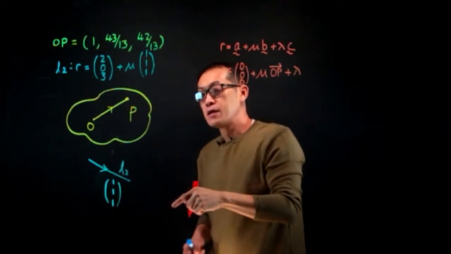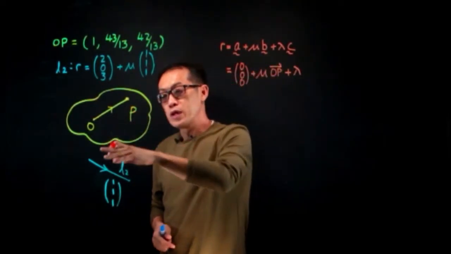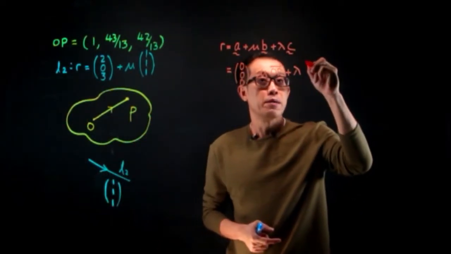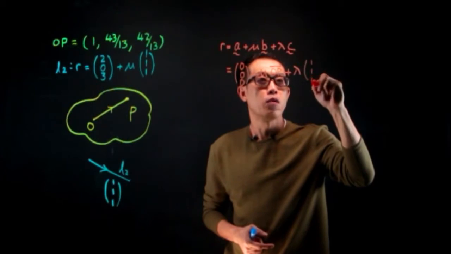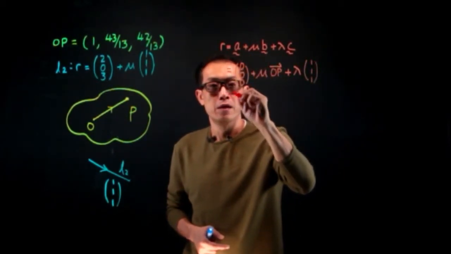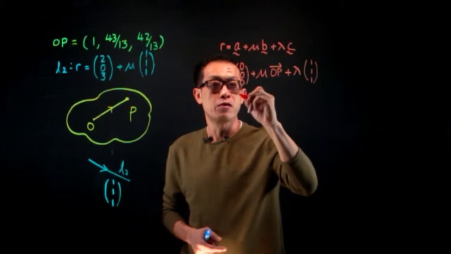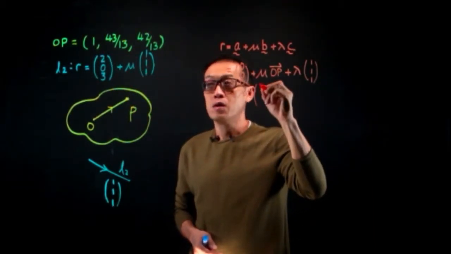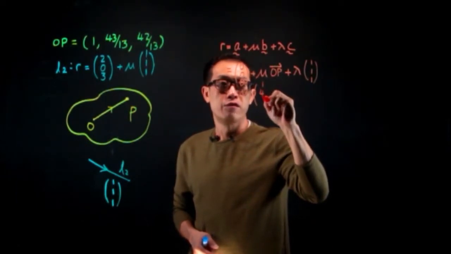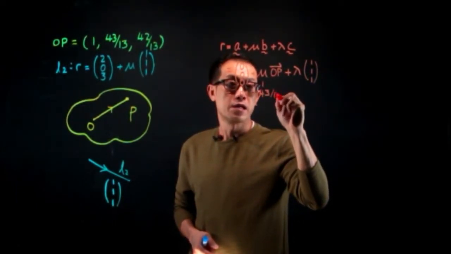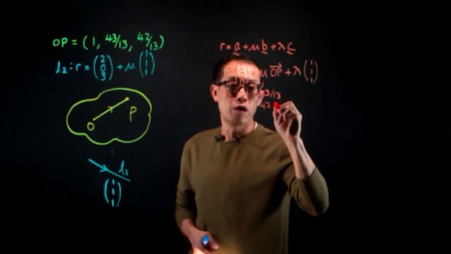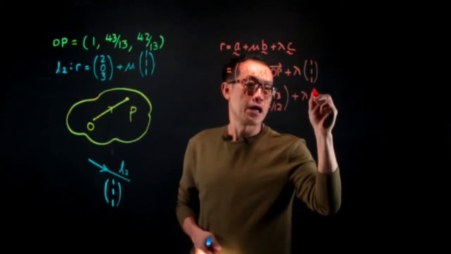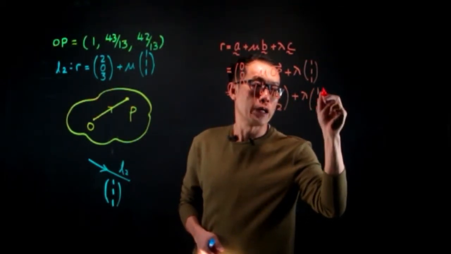Now the direction vector of L2 is another vector that is parallel to the plane. So lambda 1, 1, 1. Now what is OP? 0, 0, 0 we can leave out. So mu OP is given as 1/3, 4/3, 2/3 plus lambda 1, 1, 1.